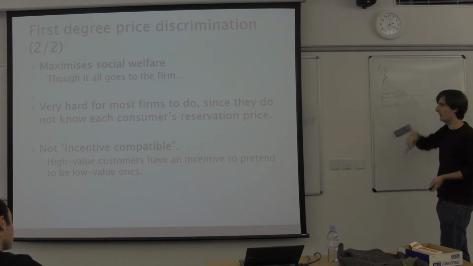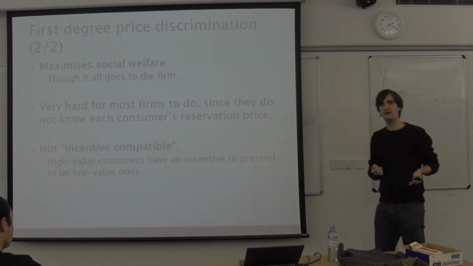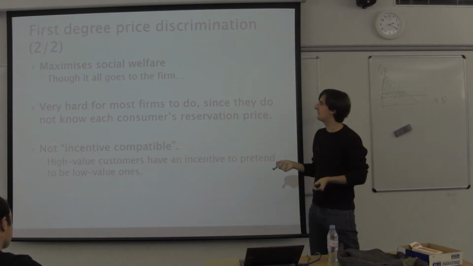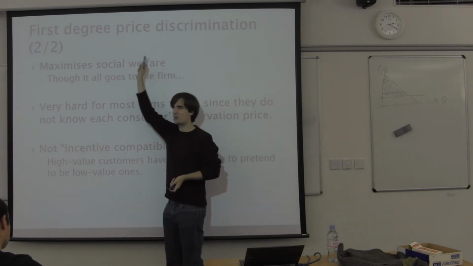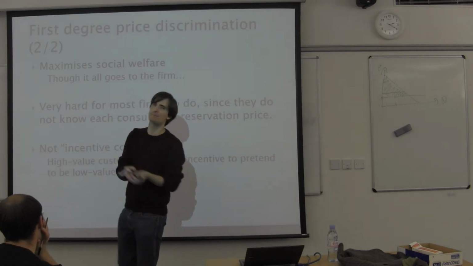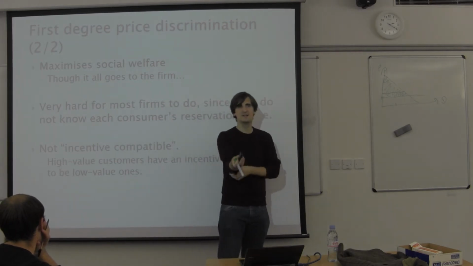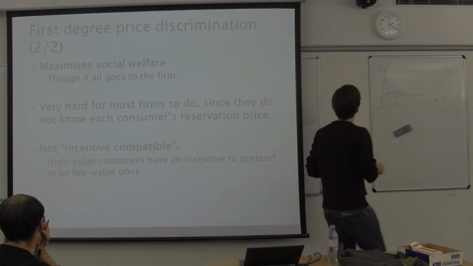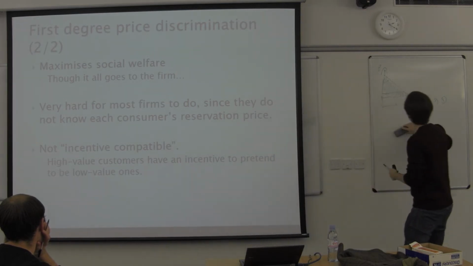Everything is producer surplus. But when we look at total welfare, what we care about is consumer surplus plus producer surplus. So this is maximising social welfare, but it's doing it just by giving everything to the producer. Okay, so it's efficient, but it's horrible for consumers. Okay, maybe.